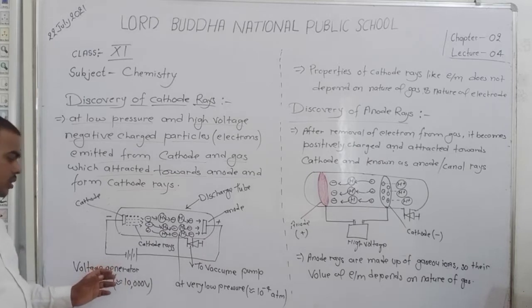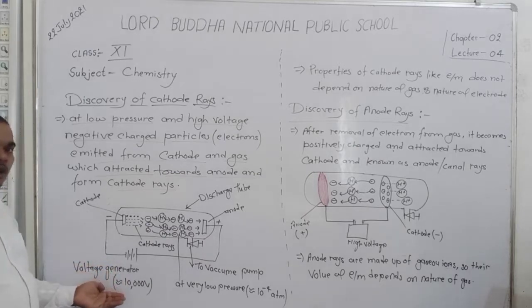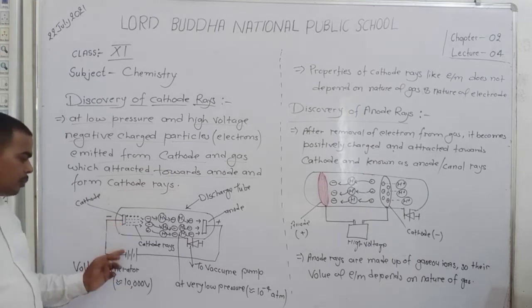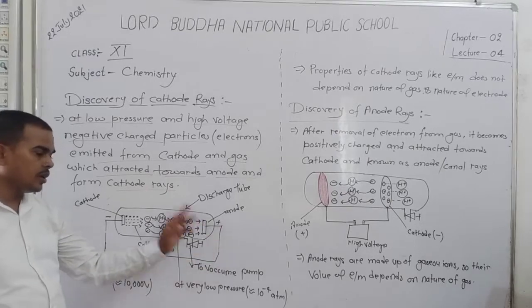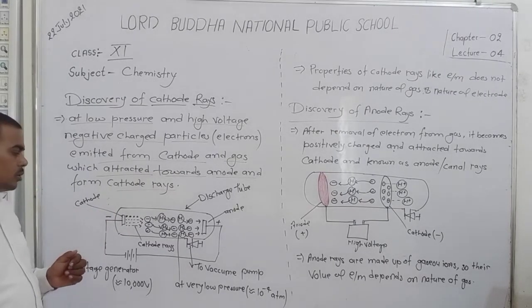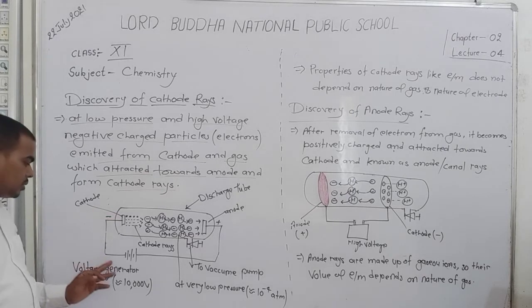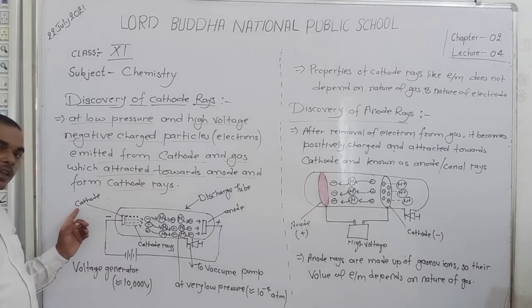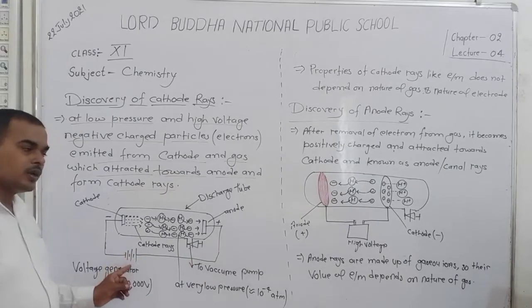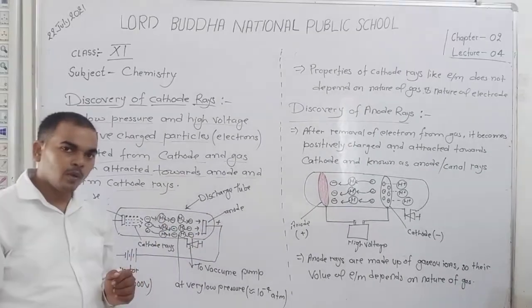The voltage generator generates approximately 10,000 volts. The negative terminal is connected here and the positive terminal of the generator is connected here. The electrode connected with the negative terminal is known as the cathode. The electrode connected with the positive terminal of the generator is known as the anode. Okay, student?